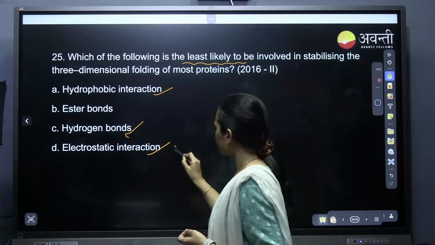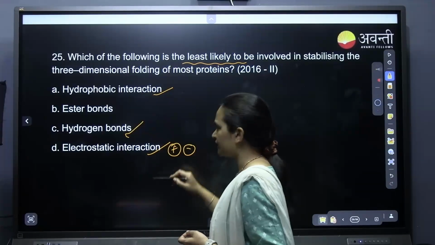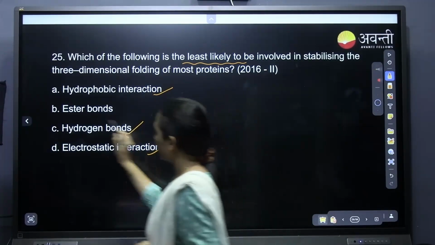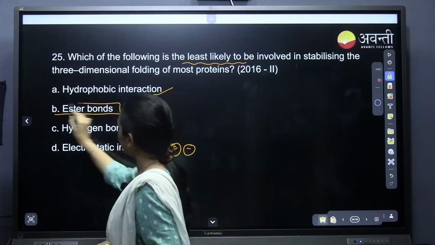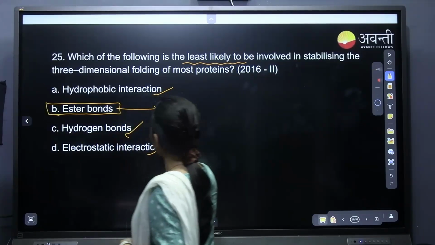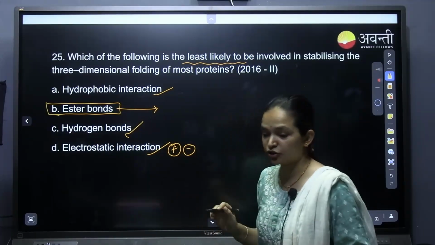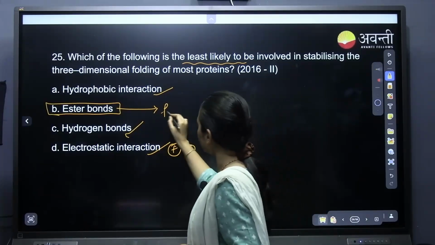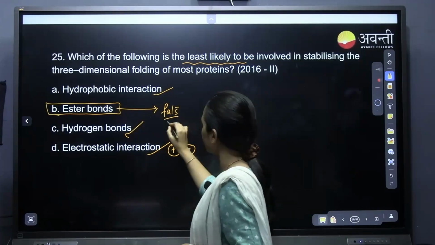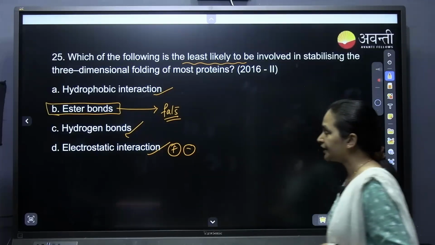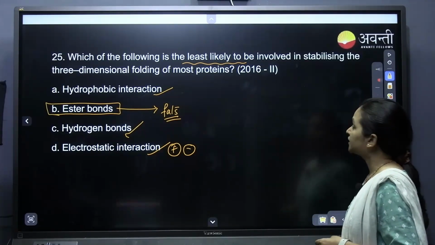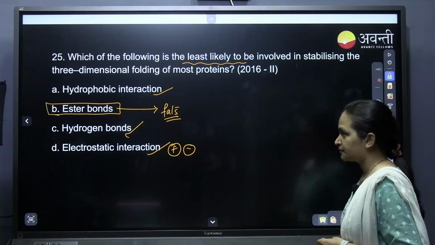Electrostatic interaction, which means ions like positive and negative, definitely required. What about the ester bonds? Where can you find ester bonds? Esterification of fats. So you see these bonds in fats. It has nothing to do with proteins.